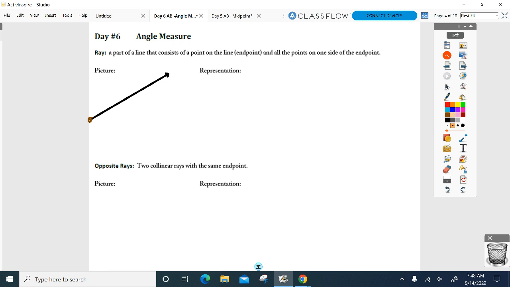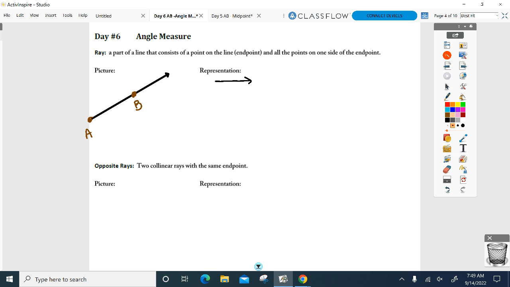So let's name that endpoint A. Put another point on here, B. How do I represent this? Remember the symbol for a line, a small line; the symbol for a segment, a small segment; the symbol for a ray, a small ray.